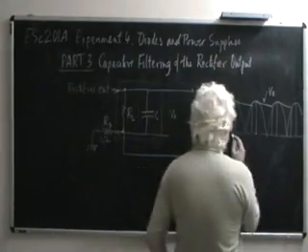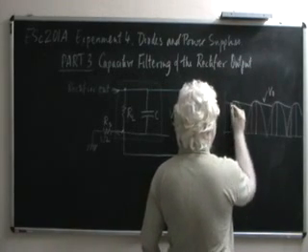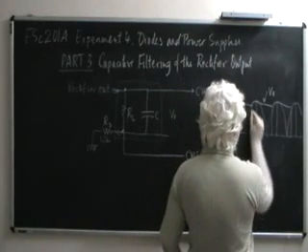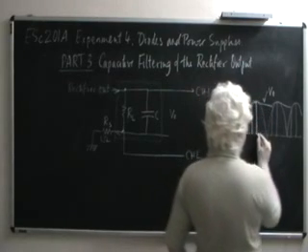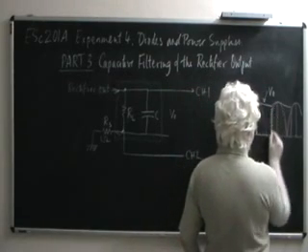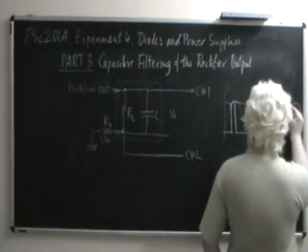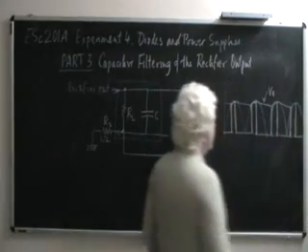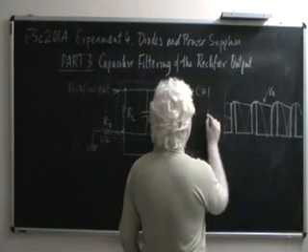So the current waveform would look like this. This is what the current waveform looks like. The diode current waveform.